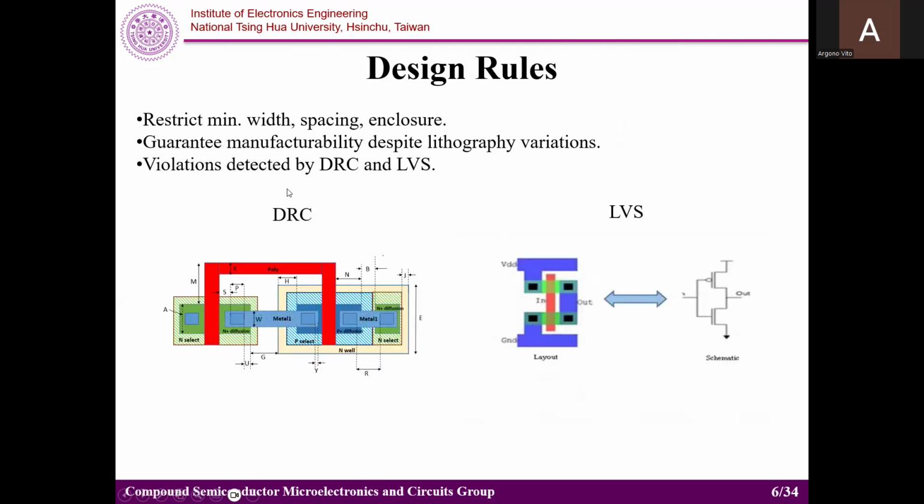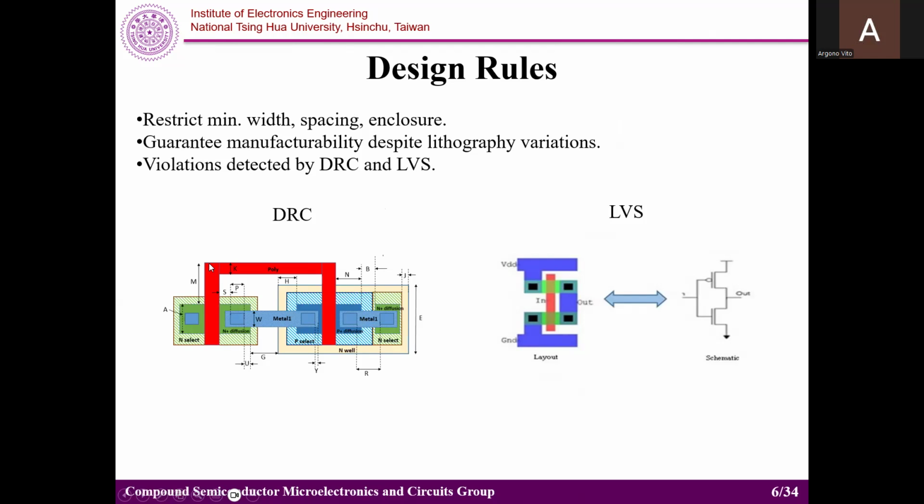After you draw your layout, one of the important things is that you need to pass the design rules. There are two you need to pass. The first one is DRC. DRC guarantees that your circuit can be manufactured correctly.